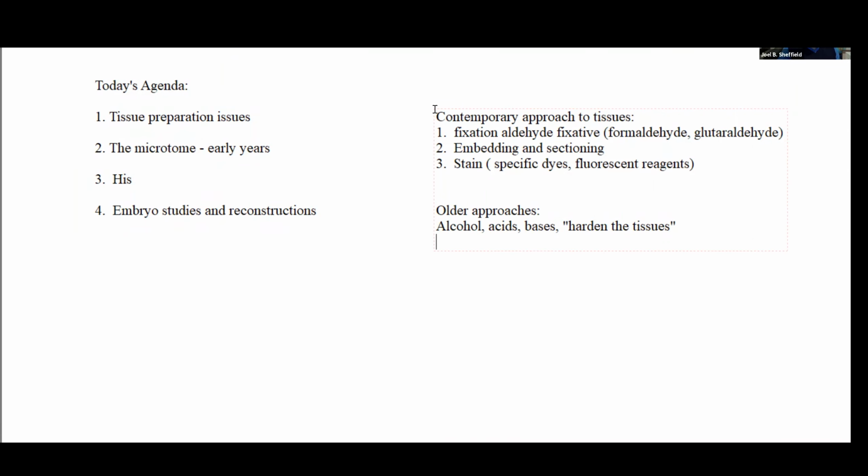And that fits in with the embedding and sectioning issue that we still have now, but we seem to have resolved it. Both fixation has been resolved, and we now have a way of embedding tissues that I'll go over a little bit later as we come to it.